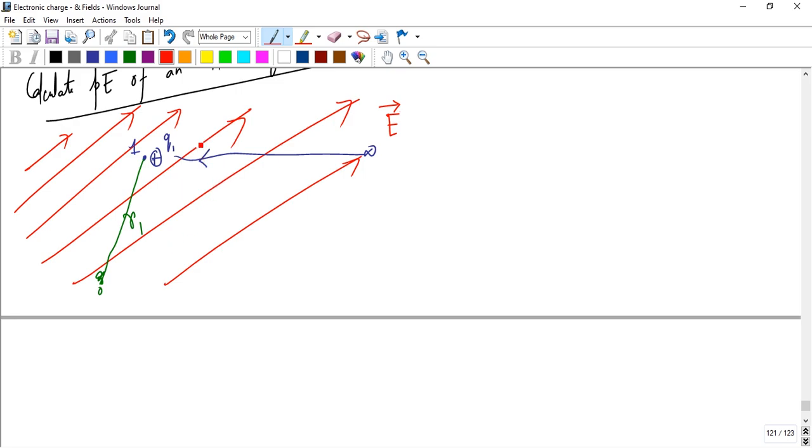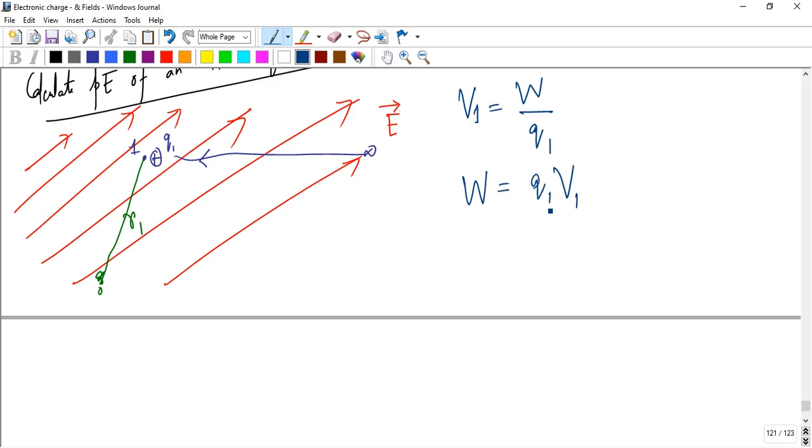In the previous topic there was no electric field, so no work needed to be done. But here work is needed because there is an electric field. So the potential at point 1 is equal to W over charge Q1. So W equals Q1 times V1.